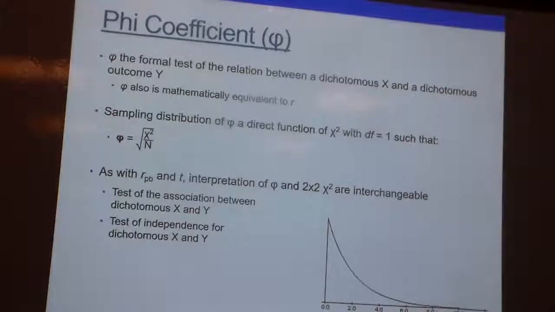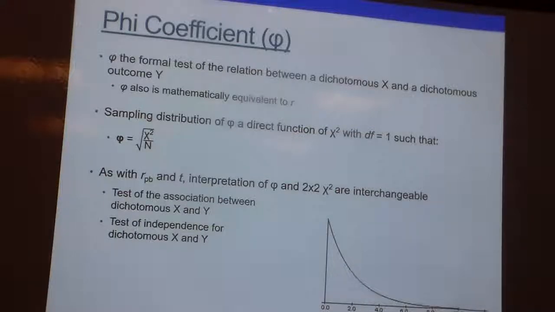Right? So again, we can talk about our Phi coefficient as the association between a dichotomous X and Y. If we're talking about chi-square, we could say this is a test of independence between dichotomous X and dichotomous Y. It's all the same thing. It all works interchangeably. Questions about Phi? You see Phi used as an effect size for a 2 by 2 chi-square.